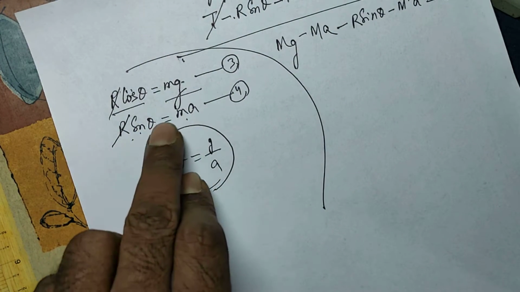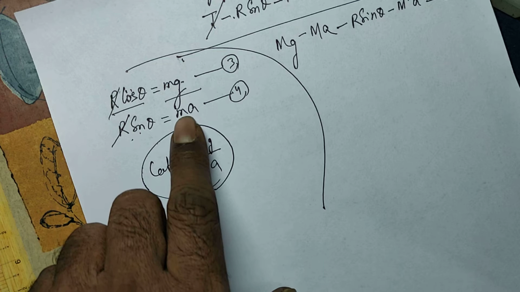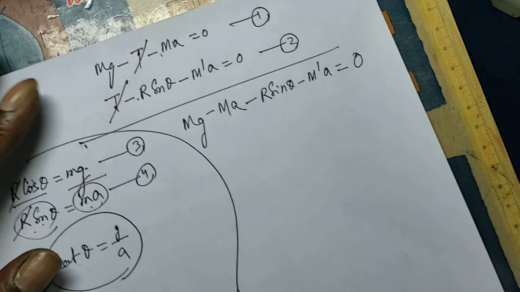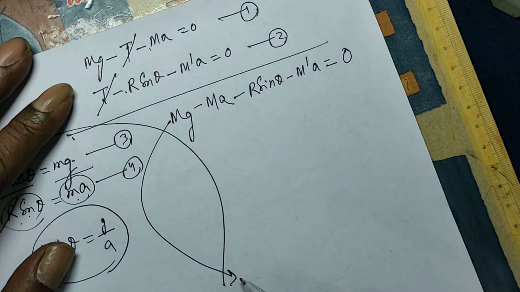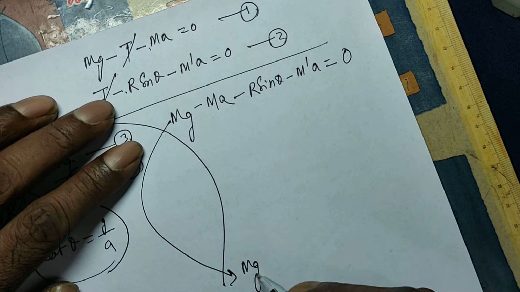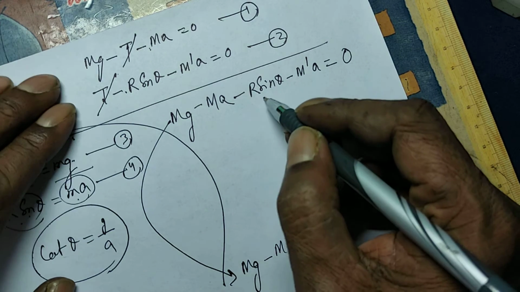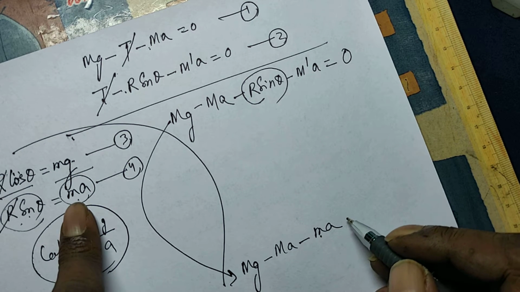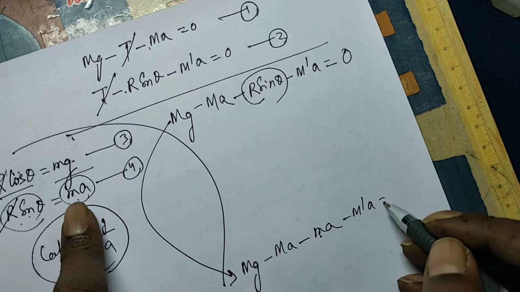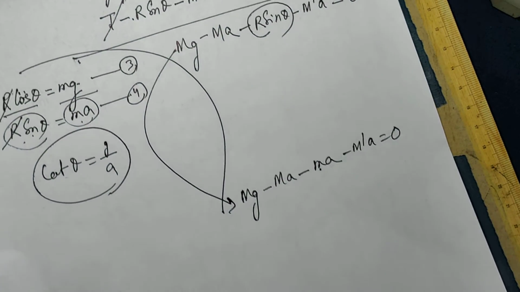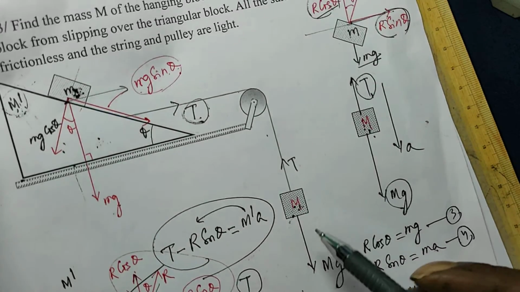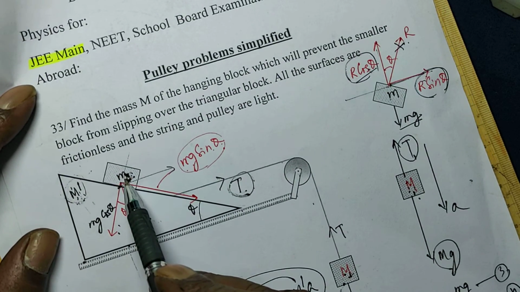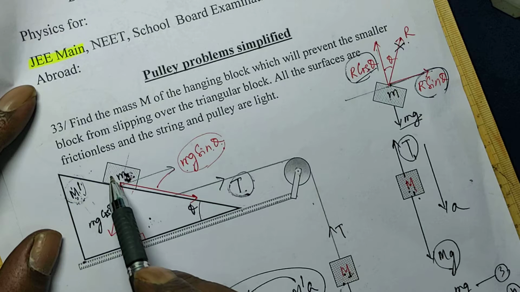And R sin theta, I have just explained how R sin theta is mass of the small block times acceleration. So for R sin theta, I can substitute ma. So let me rewrite this here. So mg minus ma, for R sin theta I write ma, the small m, minus m dash a is equal to 0. I am interested to find the value of this mass such that this small m, which is kept over m dash, does not slip.